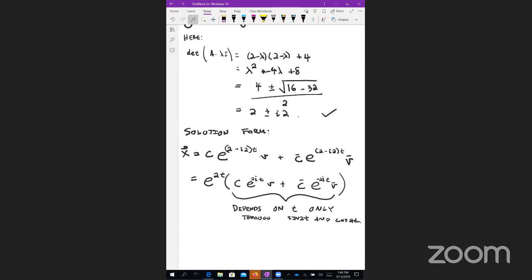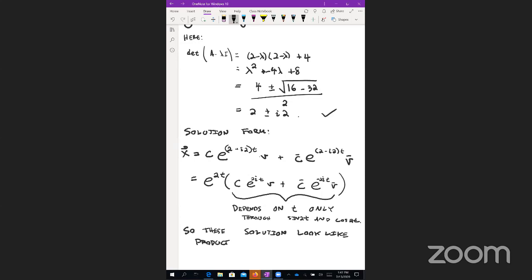So in particular, what this is going to look like, these solutions look like sums of sines and cosines. So that means that we are going around in a circle.